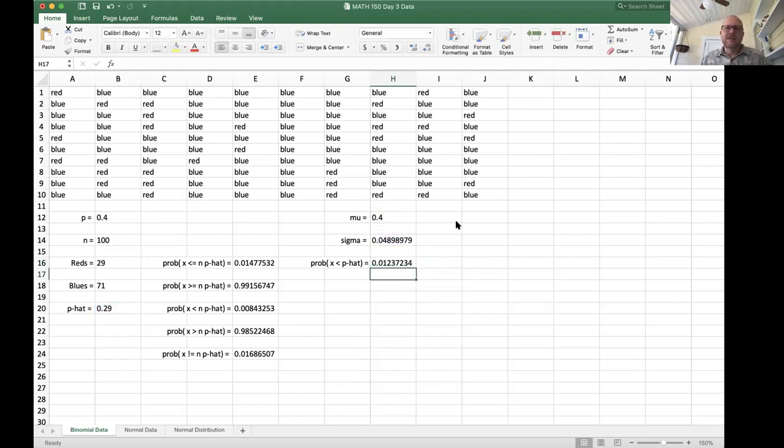All right. See how the numbers that we got for the less than for p hat and the less than or equal to for p hat are almost the same thing. Okay. All right. So I'm going to go ahead and do these other bits that we've got here.